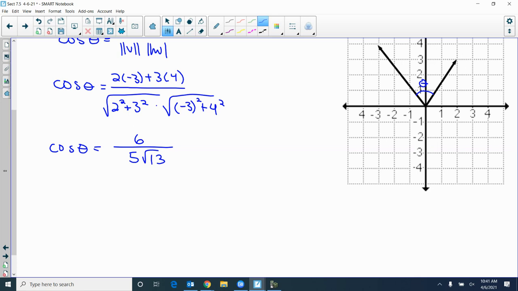All right, use your calculator, type it in. You might need to put parentheses in the denominator, I'm not sure. I don't know which calculator you have. We'll see how close Peyton is at guessing.